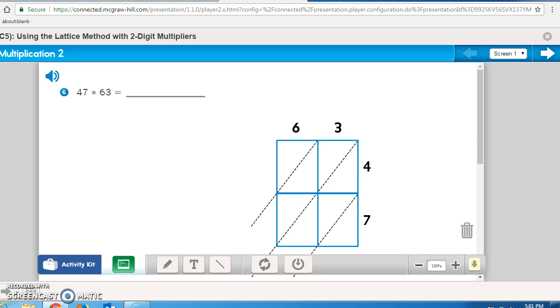47 times 63. Let's try this one together again. Again, I take 4 times 3 is 12. 4 times 6 is 24. 7 times 3 is 21.